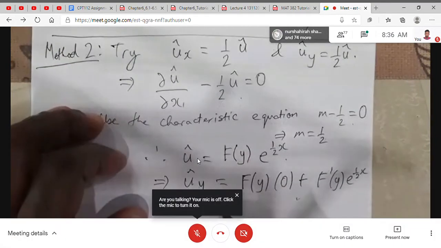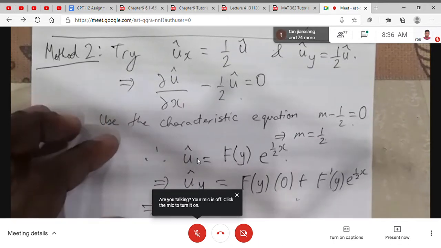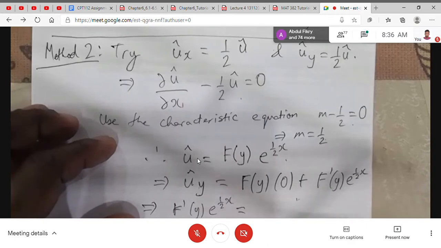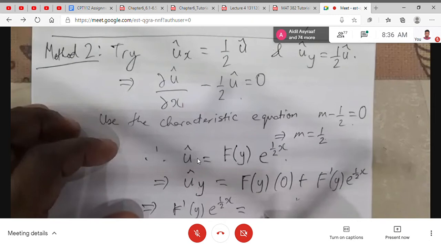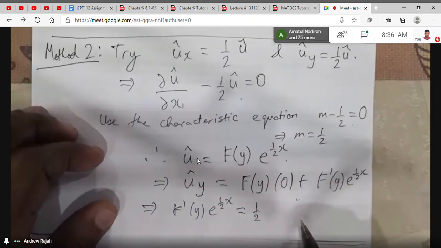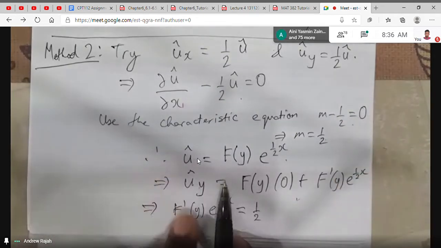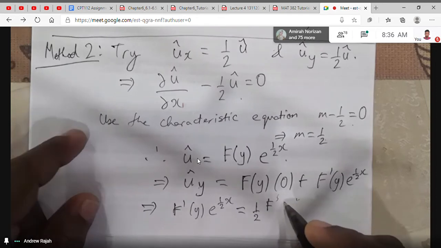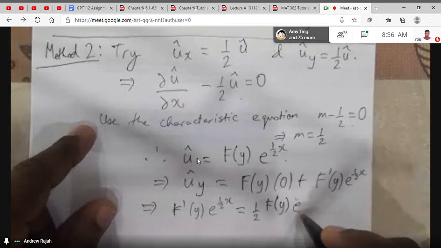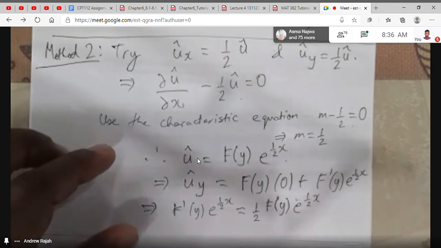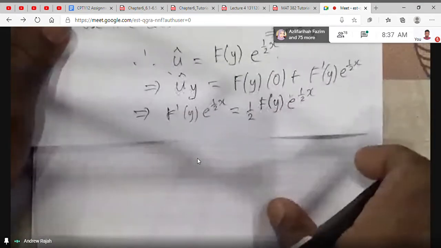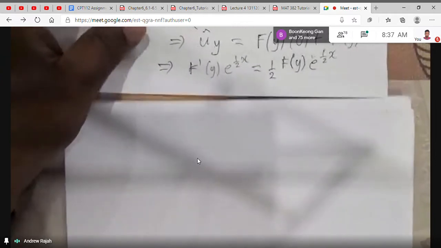This implies use the second equation, f prime y e to the power of half x equals to half you had is half F Y, okay, and then you can cancel the e to the power of half x.